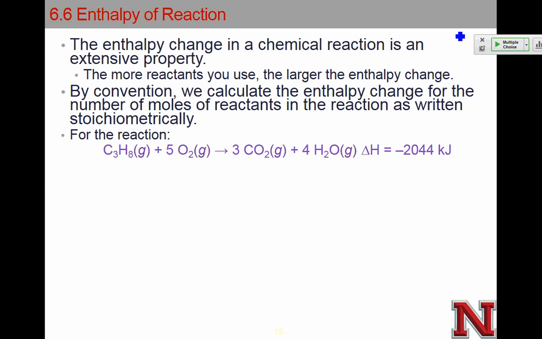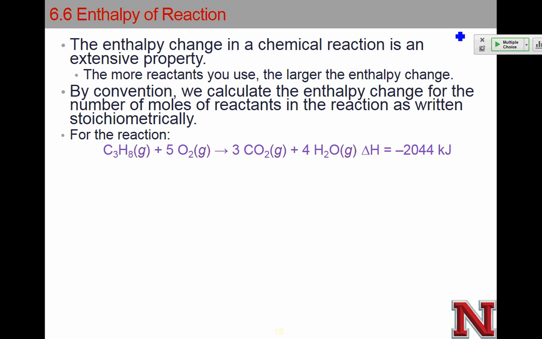This number tells me how much heat is given off per mole of C3H8. Per 5 moles of O2, I'm forming negative 2,044 kilojoules. But for 1 mole of this, I'm forming negative 2,044 kilojoules. So again, that stoichiometry is really important. I know that it takes 1 mole of this and 5 moles of this to form 3 moles of CO2 and 4 moles of H2O.